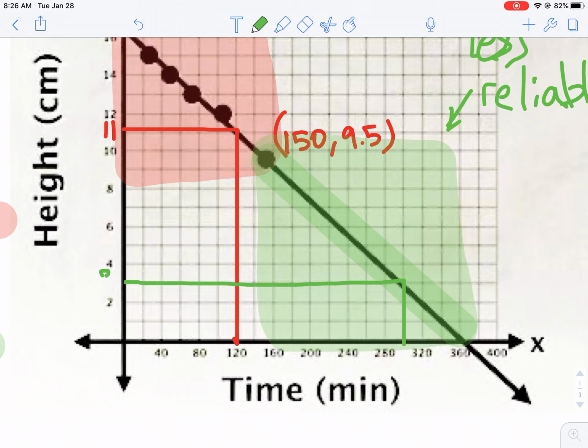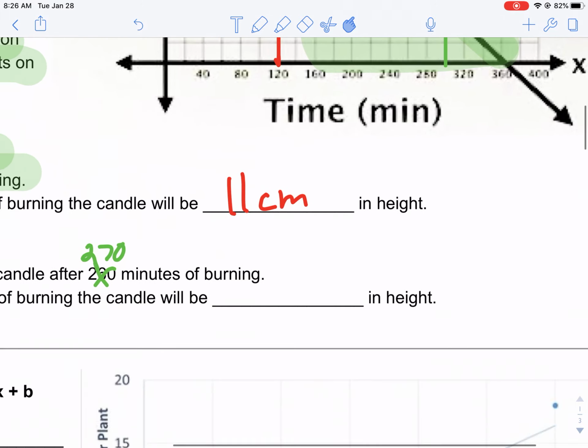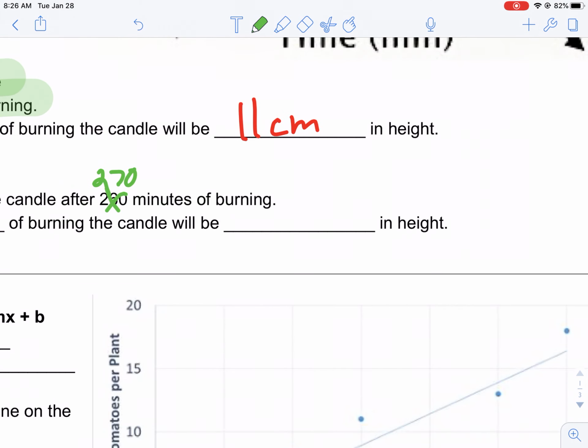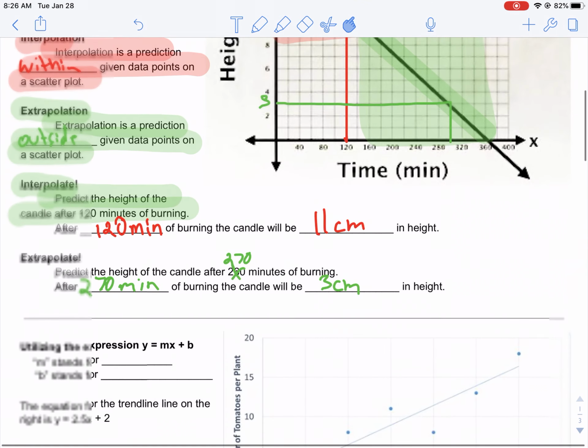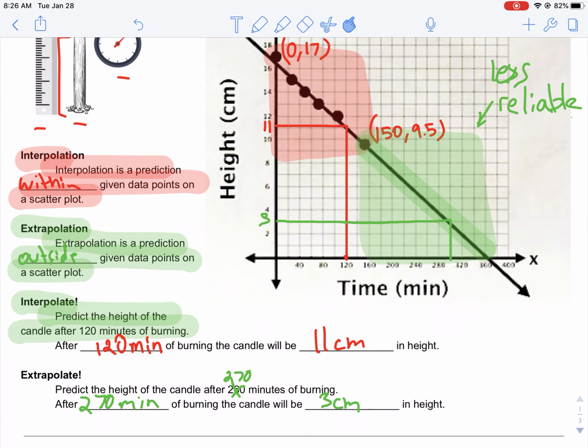Our height is 3 centimeters. So this height has gone down quite a bit, 3 centimeters, or so we would predict, because we are in the less reliable range. We are extrapolating data. We are not interpolating data because it's outside the range of tested data. Cool. So that's the concept of interpolation and extrapolation.